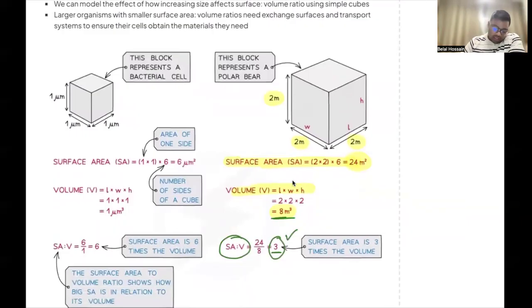Now, if we do the surface area of a block which is 1 times 1 times 1, then the volume is only 1, but the surface area becomes 6 because there are 6 sides. When we do the ratio, it becomes 6 to 1. The surface area is 6 times higher than the volume, whereas here, the surface area is 3 times higher than the volume.